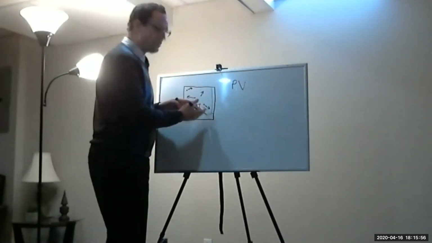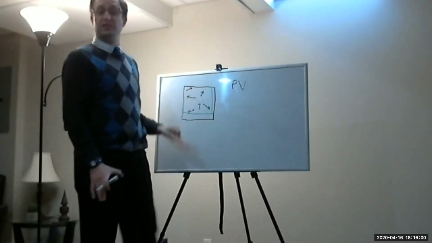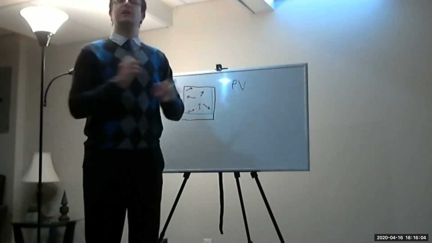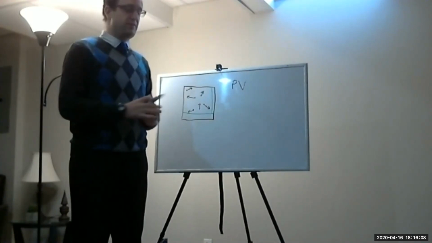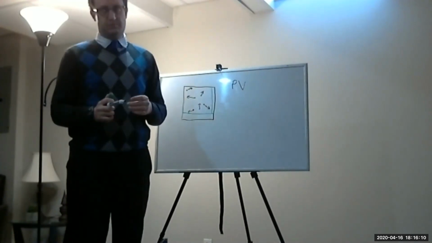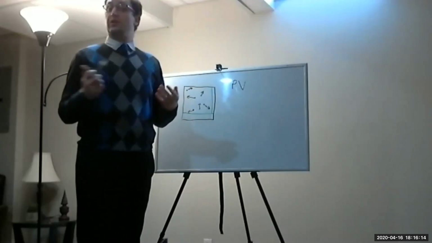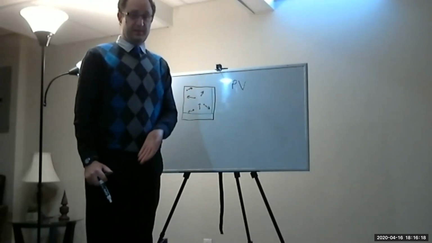If I increase the volume, I've got more space for these particles to move around in. They hit the wall less, so my pressure decreases. If I have less space for the particles to move around in, they hit the wall more often, and the pressure goes up. Any questions about that?